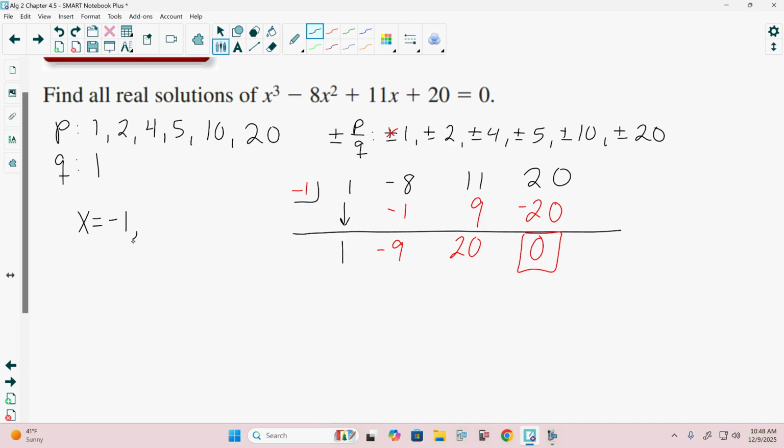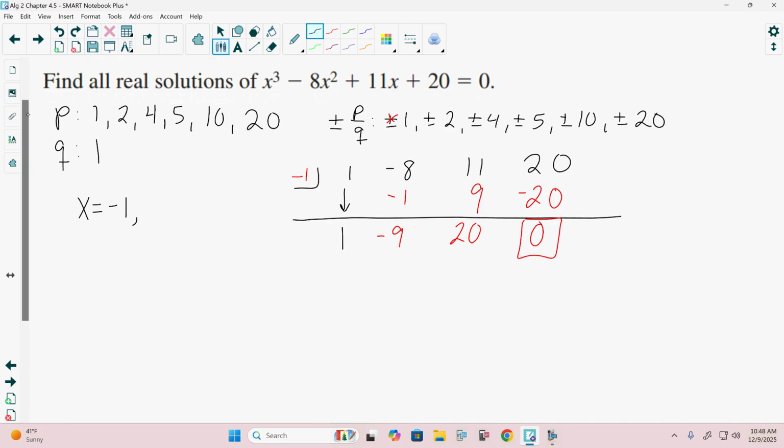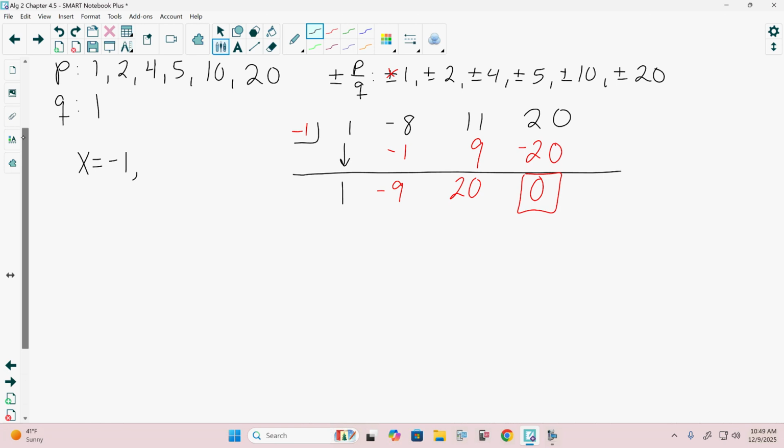Questions on this so far? Is there anything that's saying that negative 1 can't be a solution again? No, so we could try negative 1 again. If it doesn't work, we move on to 2, negative 2, 4, negative 4, 5, negative 5, 10, negative 10, 20, negative 20. It could also be that this is the only rational solution.